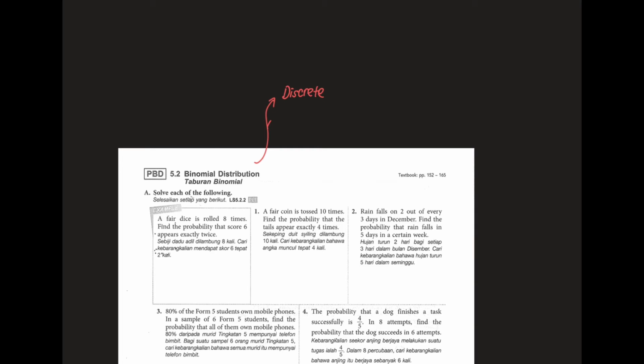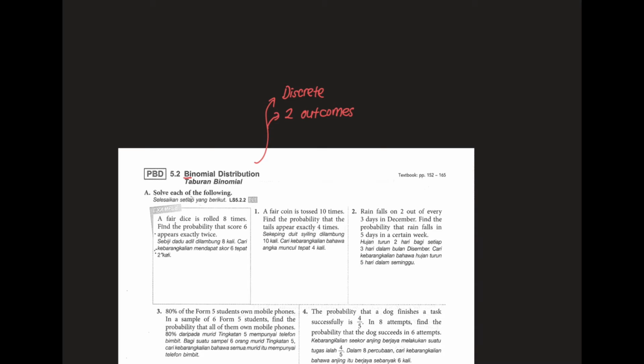The second thing is you need to know it has two outcomes. From the word bi, for example bicycle means 2 wheels, so binomial means 2 outcomes.